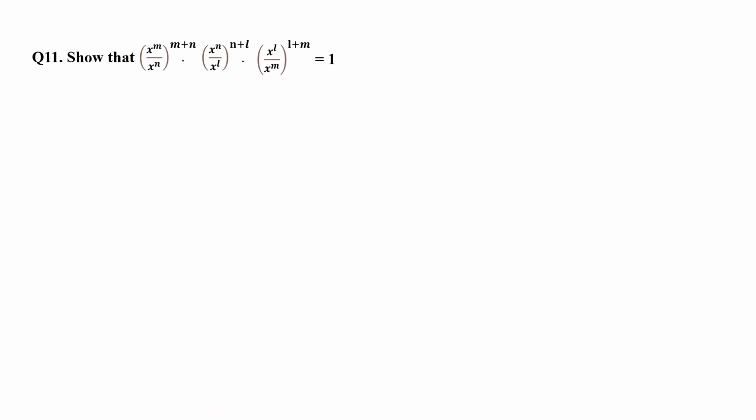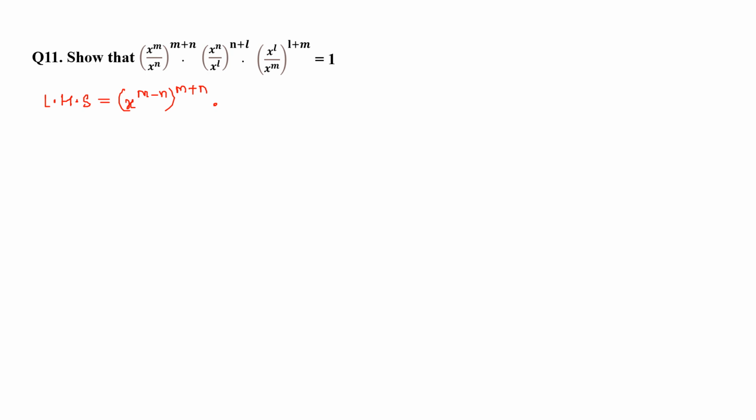So I will first take the LHS part. In the LHS part, if you see here, it is written x to the power m divided by x to the power n. So I am going to use the division law here because the base is same and it is divided, right? So it will be x to the power m minus n, and on top of that there is one more power m plus n.